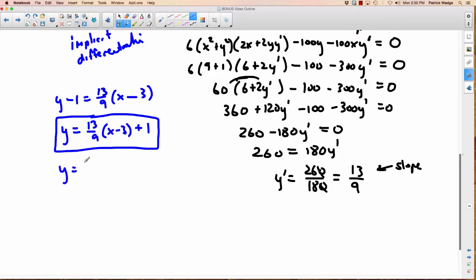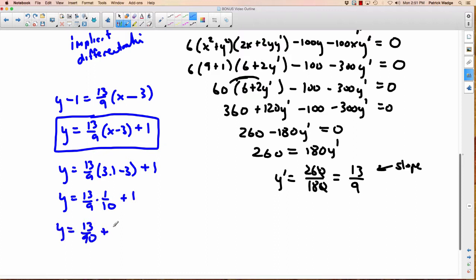So we get y equals 13 over 9 times (3.1 minus 3) plus 1. I'm going to keep it as fractions this time. I know it's kind of weird, but I'm going to do that. 3.1 take away 3 is 0.1. You know what 0.1 is as a fraction? It's 1/10. So I get 13 over 90 plus 1, and 1 is 90 over 90.